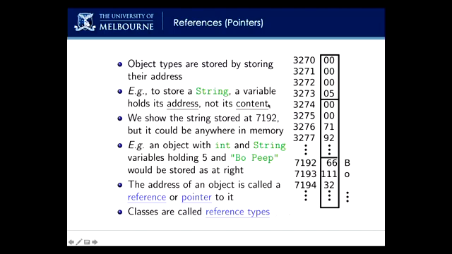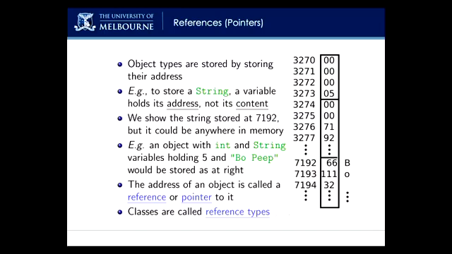So essentially, in this example here, the value for Bo Peep is actually stored in 7192. But the pointer for Bo Peep is here, 7192, you see. Bo Peep is a string, so a string is an object, and therefore an object has a pointer that points to the first location in memory in which that object will be stored, right?